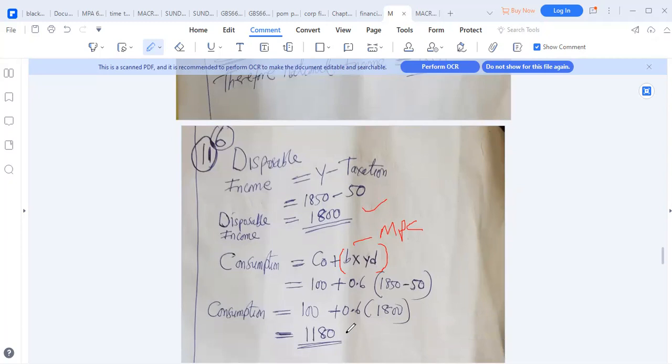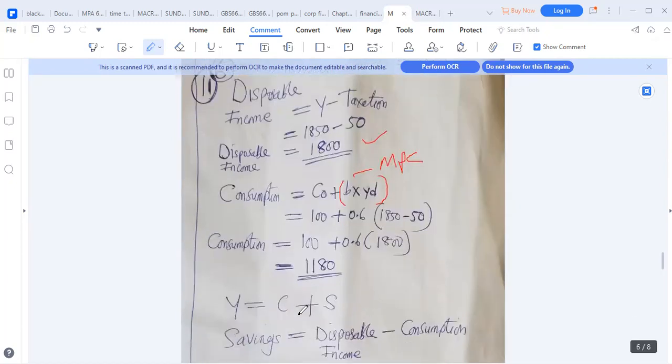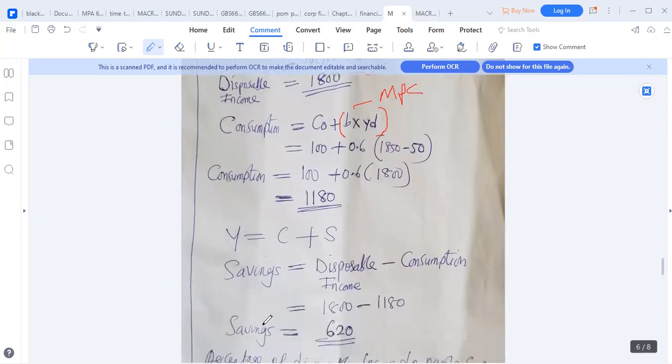From here, we can see that our income is equal to consumption plus saving. So we can solve for saving. Our saving is equal to disposable income. All right, so they ask how much will the disposable income?